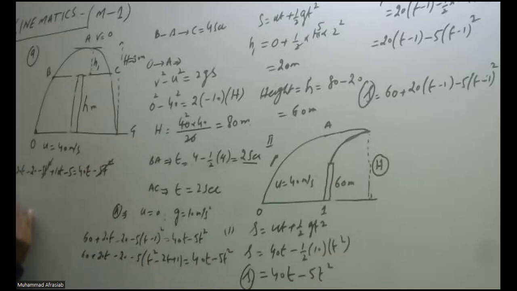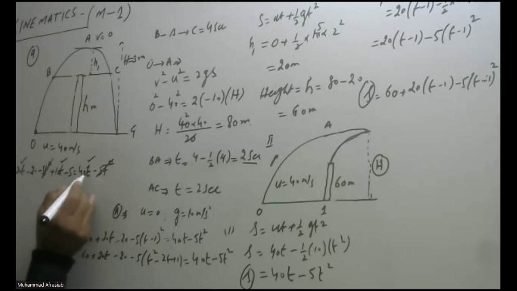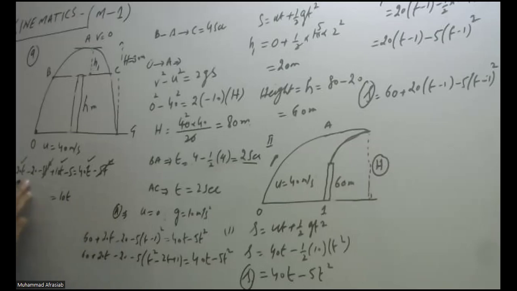Then the t value is being calculated there. This is 20t, this is 40t, this is 10t. So 20t plus 10t, 30t, and 40t, so that is 10t. And 60 minus 20, 40, minus 5.